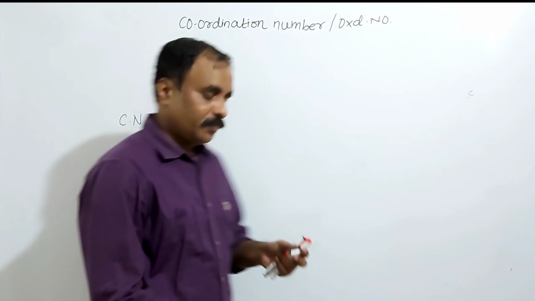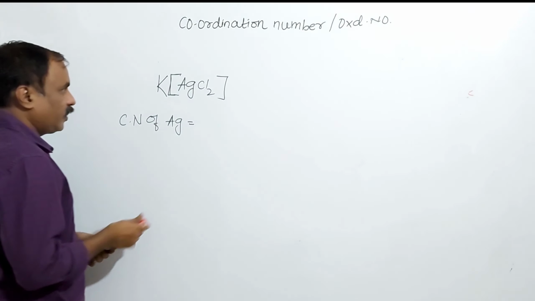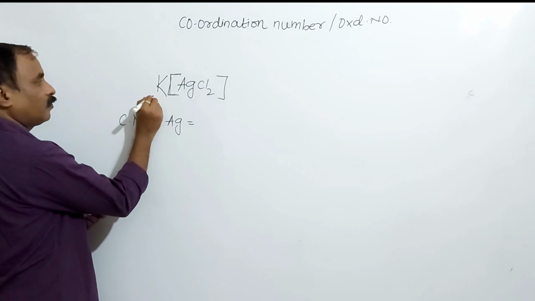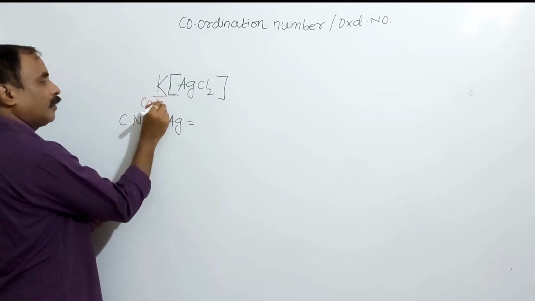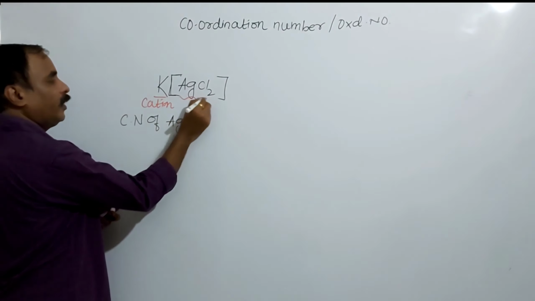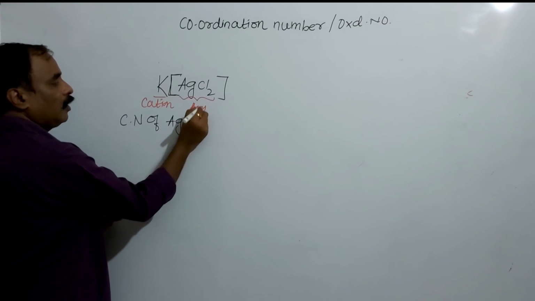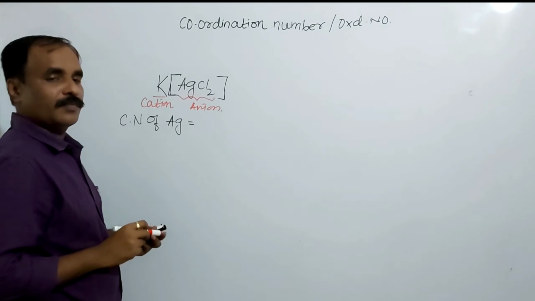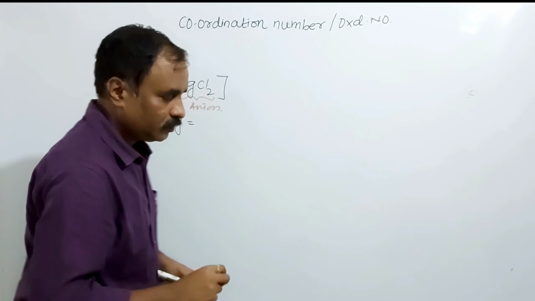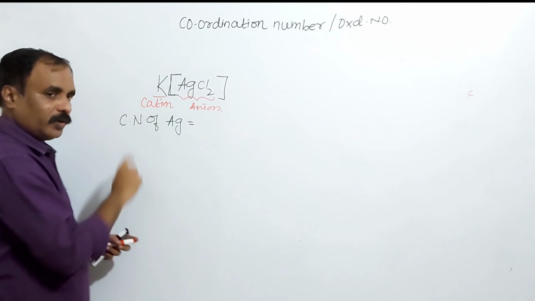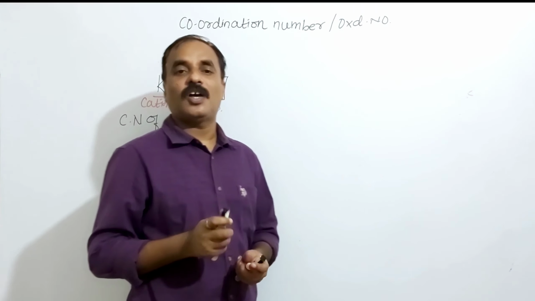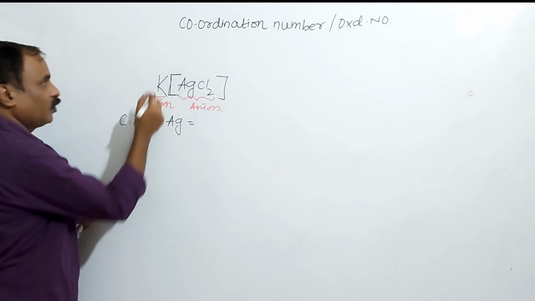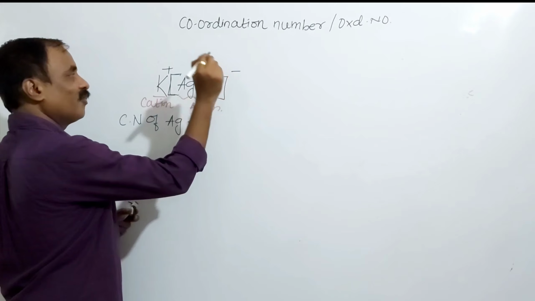Type of complex: here it is a cation, and here it is an anion, an anionic complex. Potassium is an alkali metal, so it will carry +1 charge. But how many potassium? Only 1. So here K+ and the square bracket is minus.